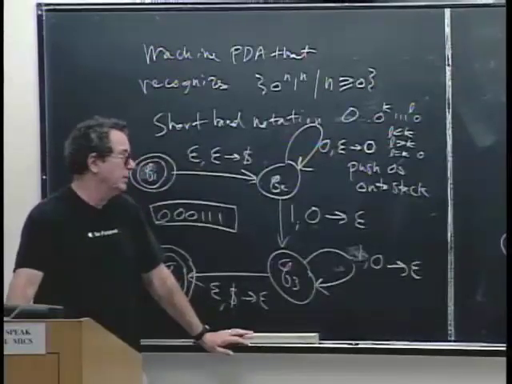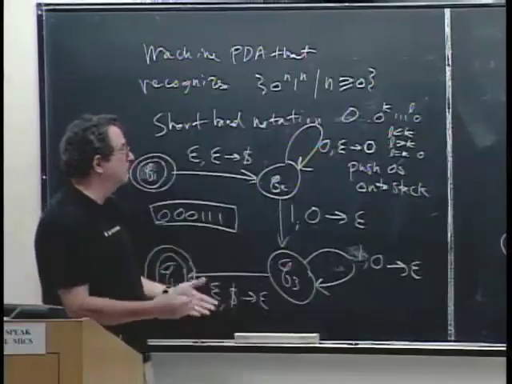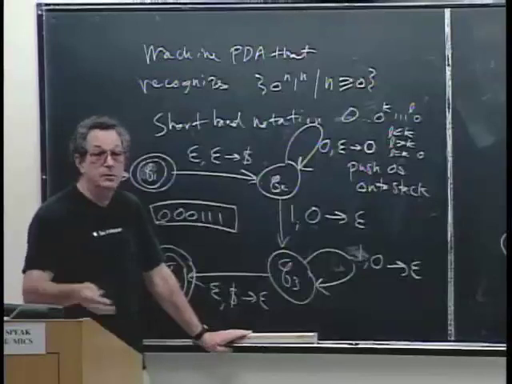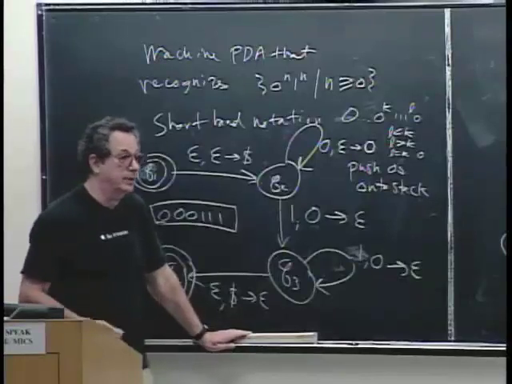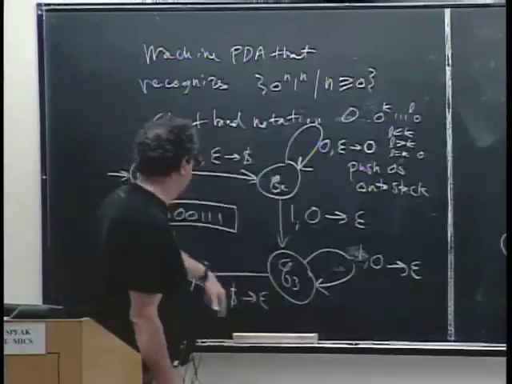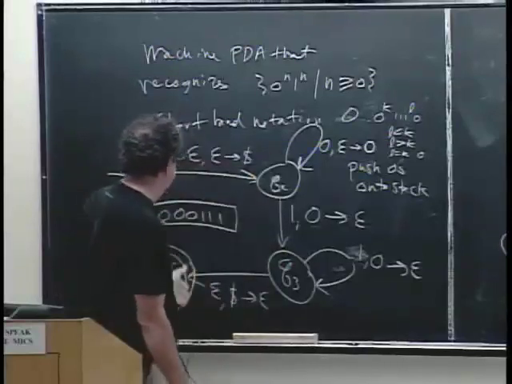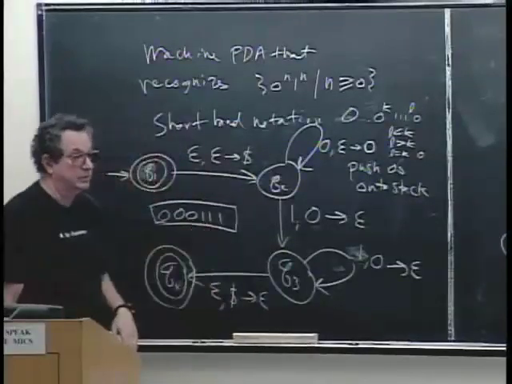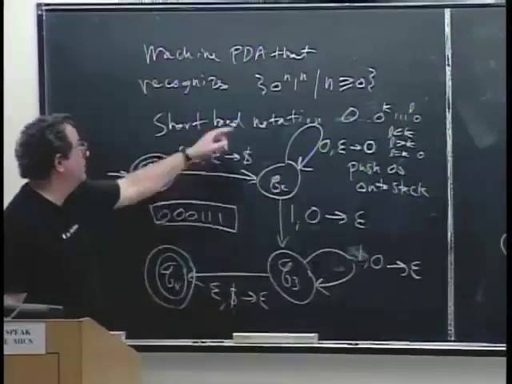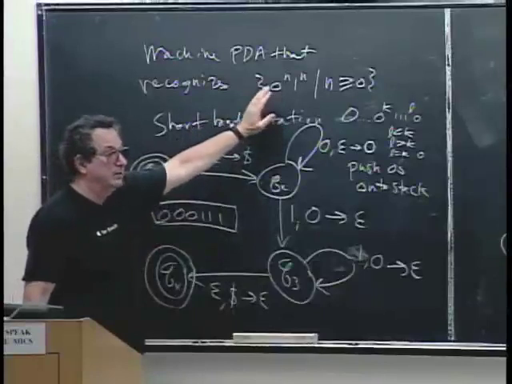So either way, that computation will end up being a reject computation, and there's no accept computation. So I'm going to leave it up to you to fully validate, convince yourself that this is an actual correct PDA for this language.